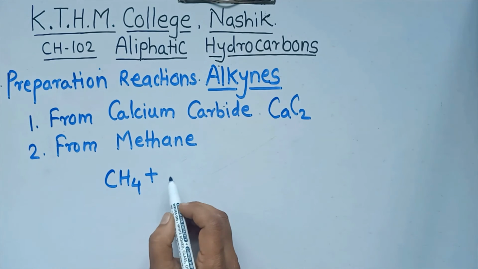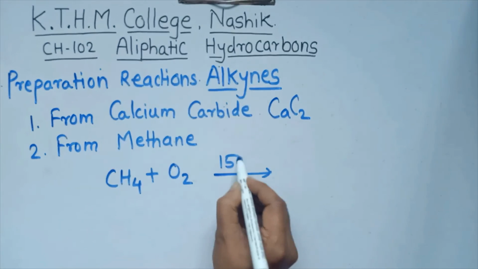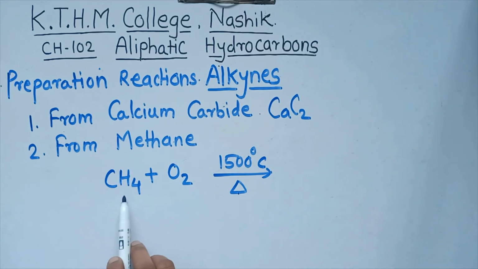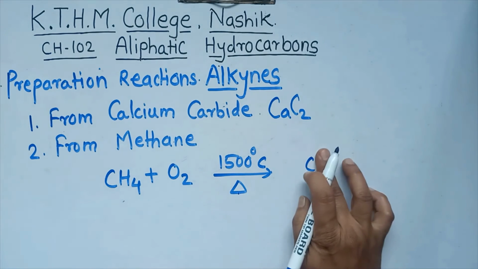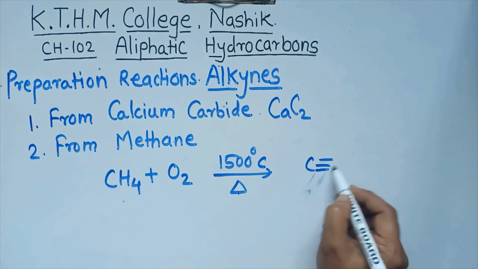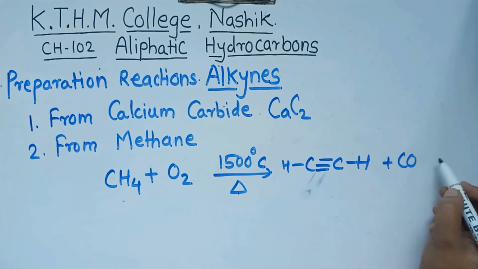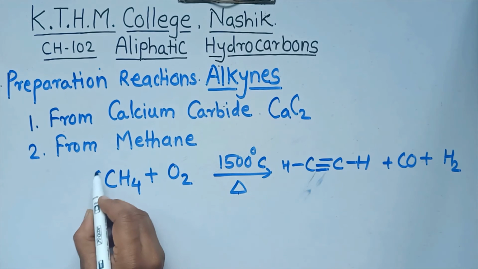When it is partially oxidized at 1500 degrees Celsius temperature, this triangle indicates heat, and at this temperature we oxidize the methane and there is a formation of acetylene plus CO plus H2.